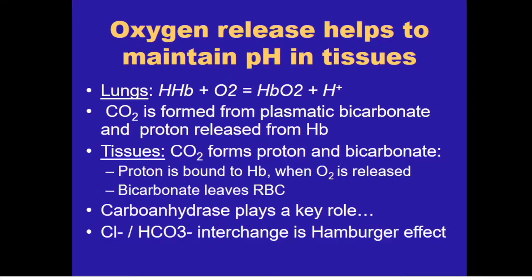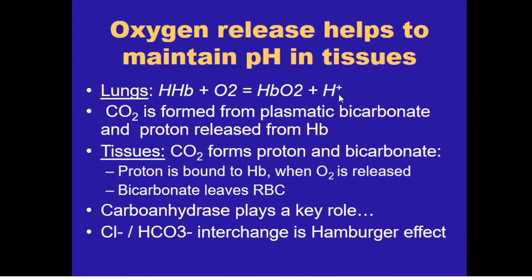It's necessary to mention that oxygen release from hemoglobin helps to maintain pH in tissues. Look at the reaction between oxygen and hemoglobin in the lungs. It will lead to the formation of free hydrogen protons.